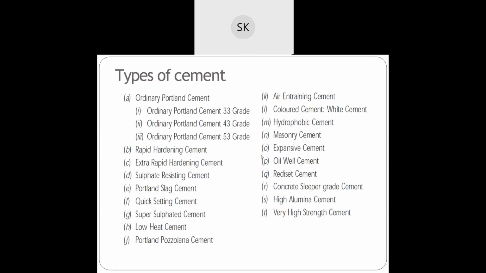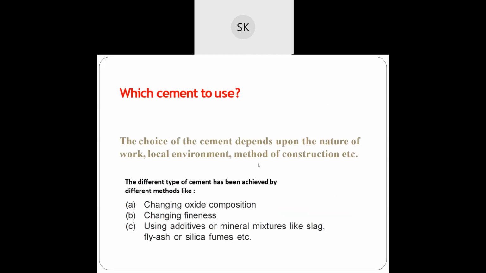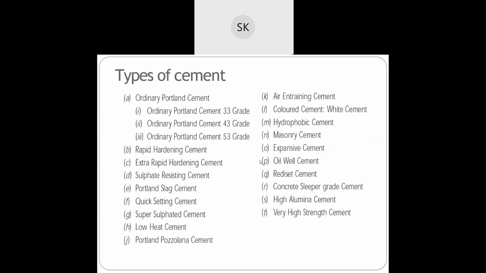Last class we were at which cement to use, then types of cement. So we'll discuss some cements briefly today. How many students joined? 24.